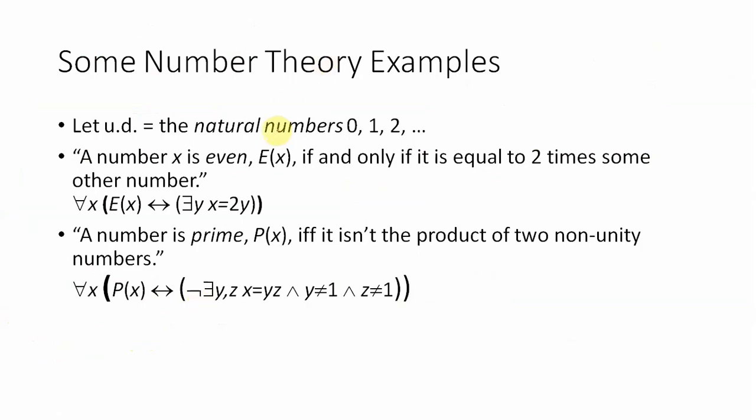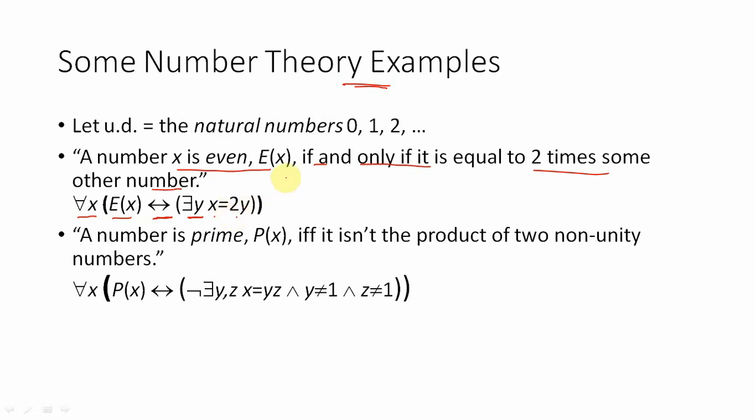Let's see a couple of examples from number theory. It says a number x is even if and only if it is equal to 2 times some other number. Now what does it say? For all x, a number is even if and only if there exists another number y such that x is twice y.